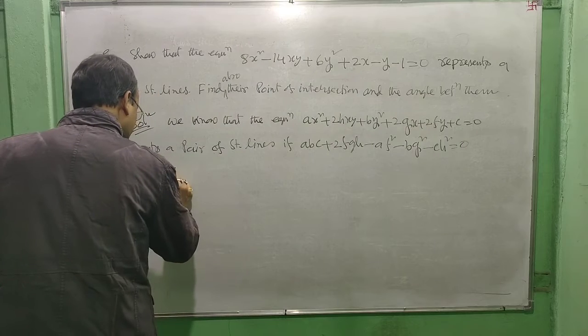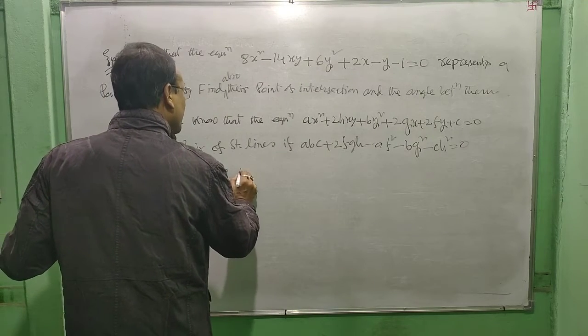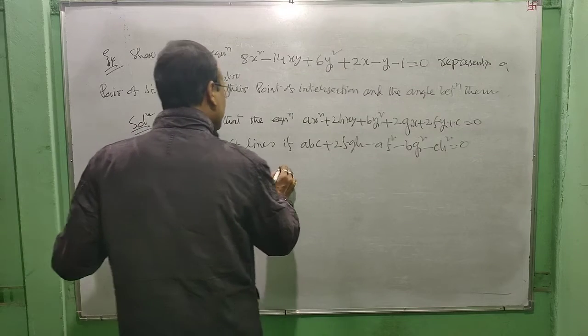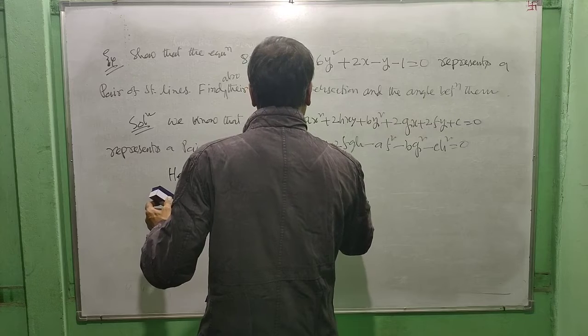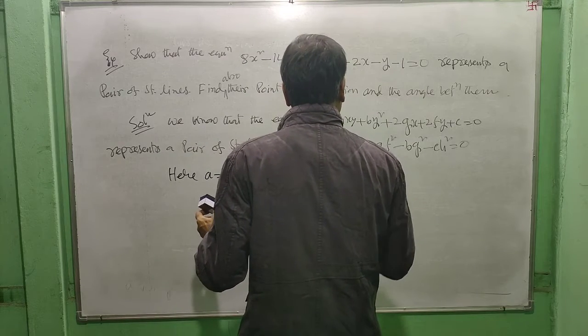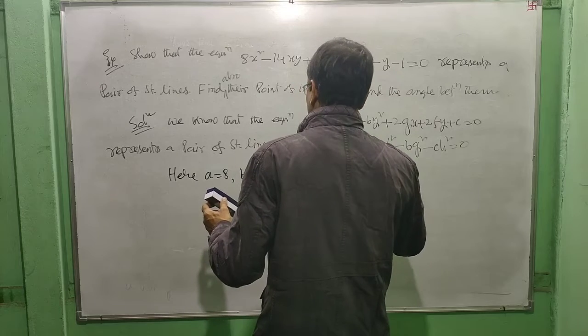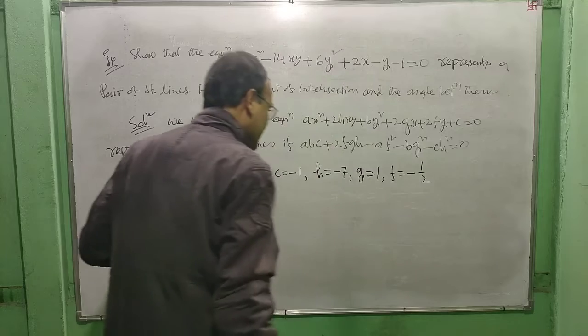Here, you see, a equal to 8, b equal to 6, c equal to minus 1, h equal to minus 7, g equal to 1, and f equal to minus half.